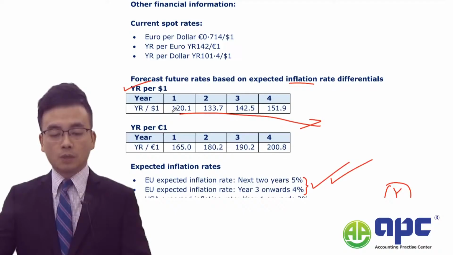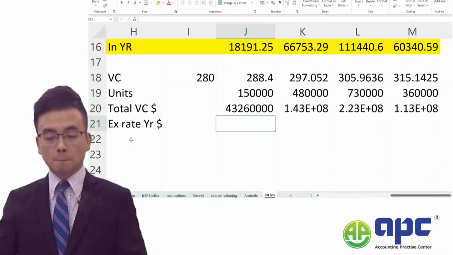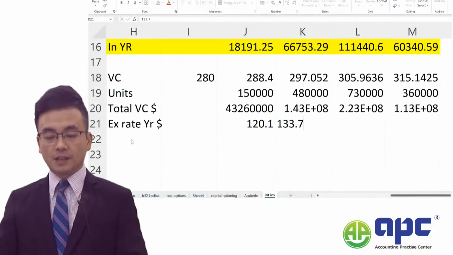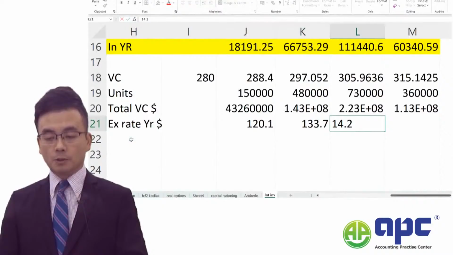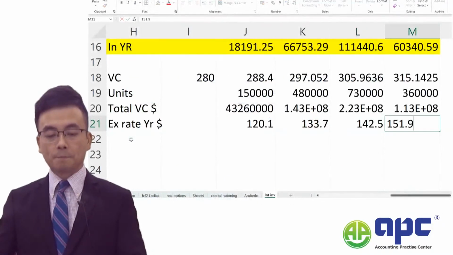So we just copy 120.1 as the exchange rate, then 133.7, 142.5, and 151.9.